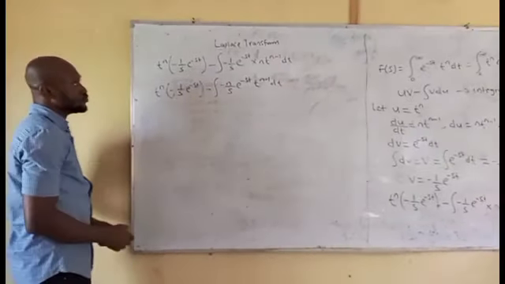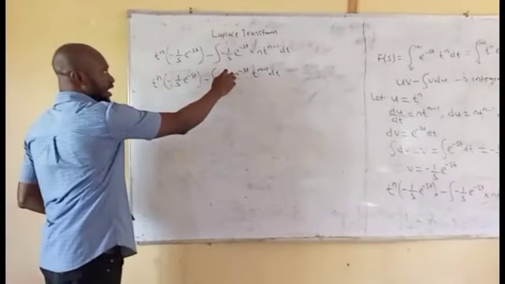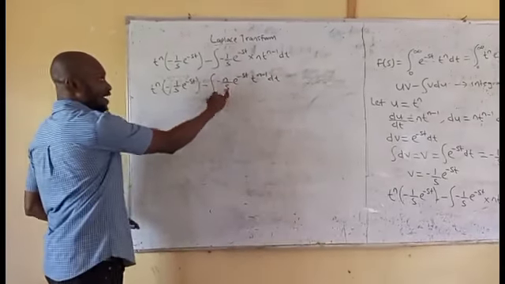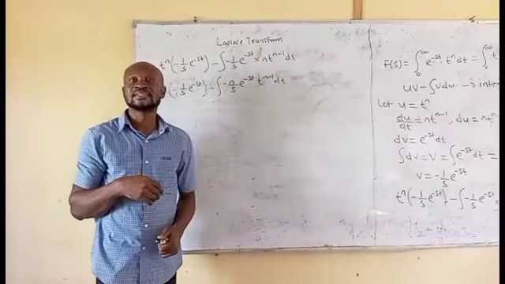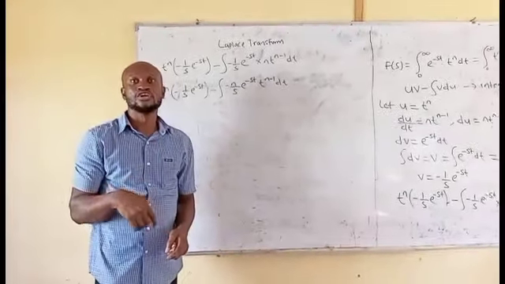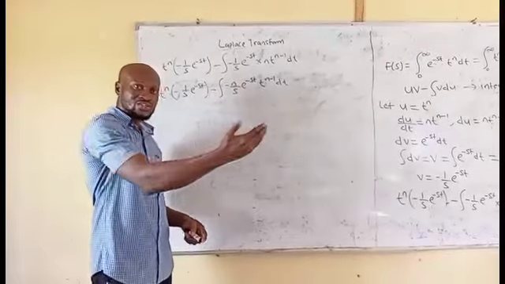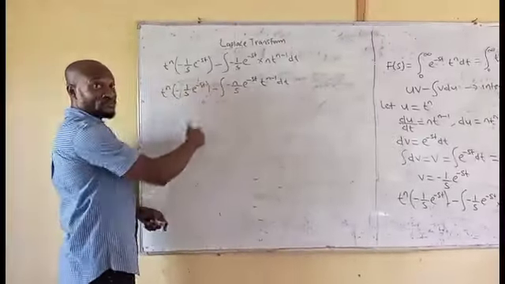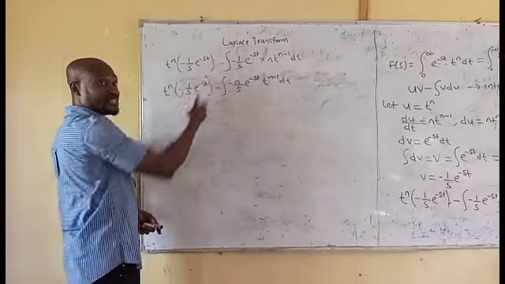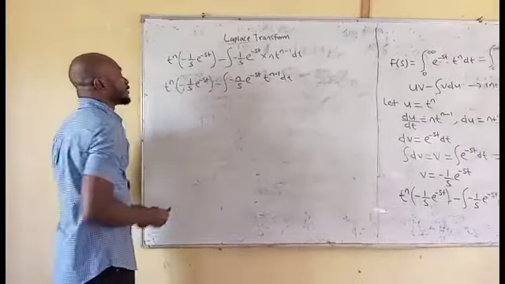Now, the next thing we are going to do, since our n over s is constant, mind you, if you have a constant in the integration sign, all you need to do is remove the constant away from the integration sign. So I'm going to pull n over s out from the integration sign because it's a constant.